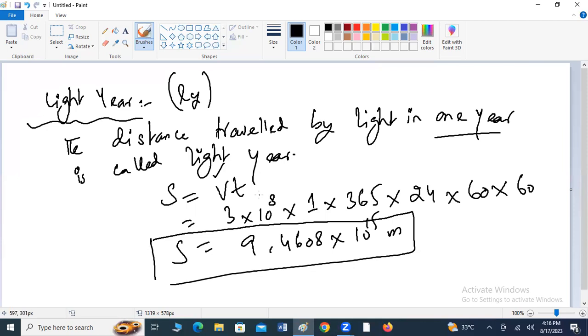This is a very, very big value. We cannot imagine this. He's trying to explain that this universe is extremely large.